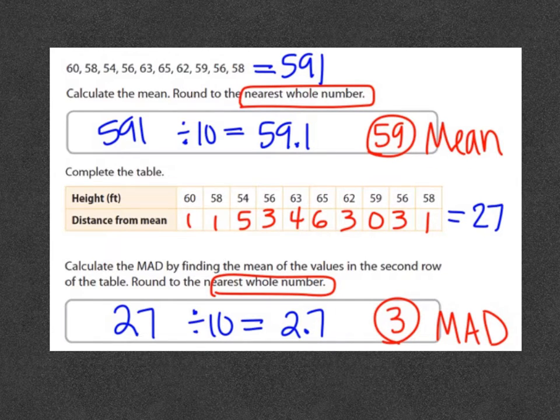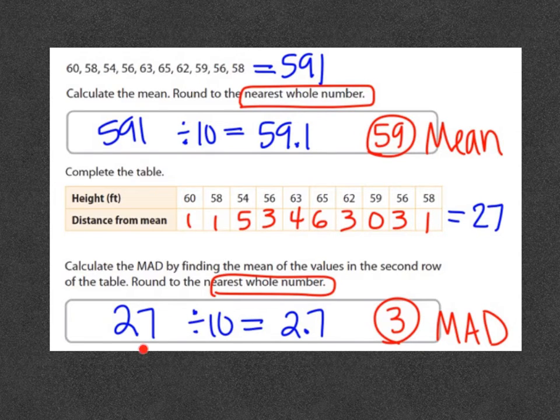Now step 2, I need to know what is the distance each one of these numbers is from the mean. So when you go through, 60 is one spot away from 59. 58 is one spot away from 59. 54 is 5 spots away from 59, and then so on, all the way down the list. Once you've done that with each one of the numbers, you're going to get the total of that, and then you're going to find the average of those new numbers.